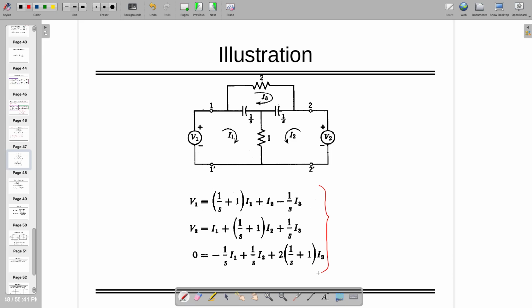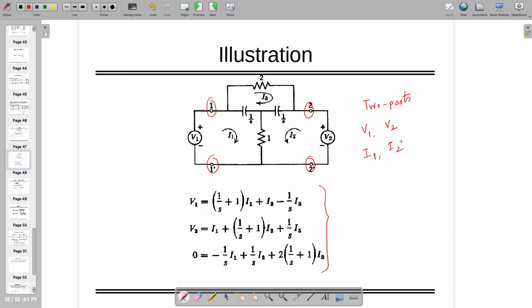But as we know, we are interested in following things. We want to see what is happening at two ports, where there are two quantities V1, V2 and I1, I2. One of them is dependent, one of them is independent.